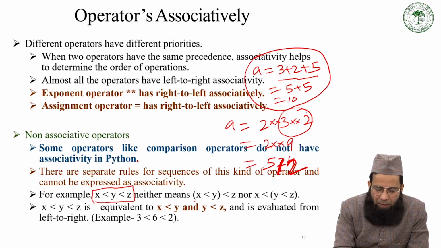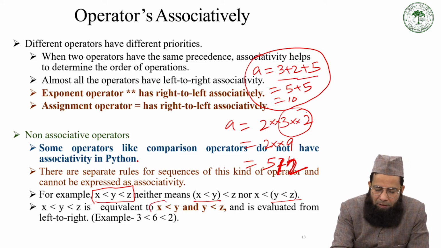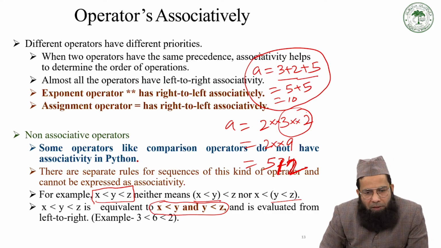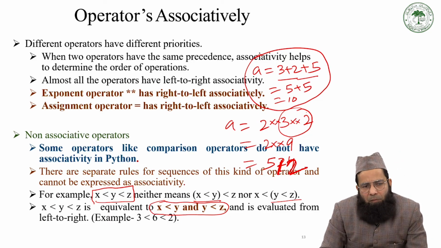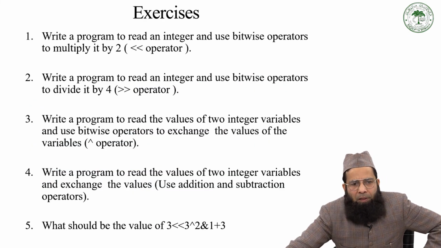It is neither (x less than y) and then z, nor x less than (y less than z). It is actually equivalent to x less than y and y less than z. So as far as comparison operators are concerned, associativity would not work in this case.